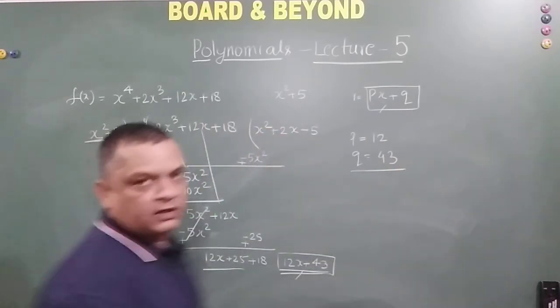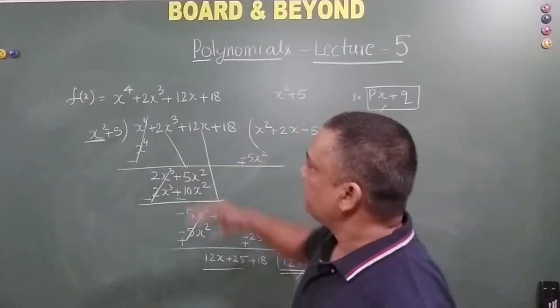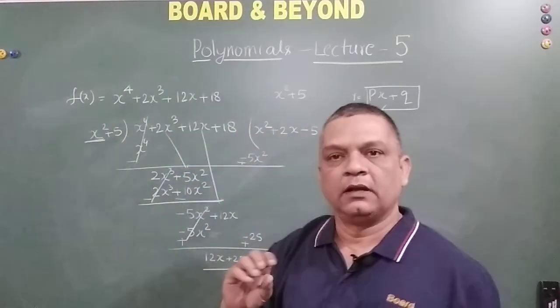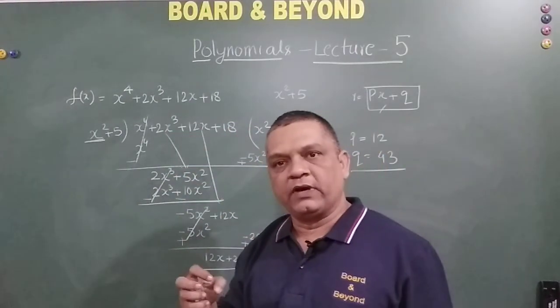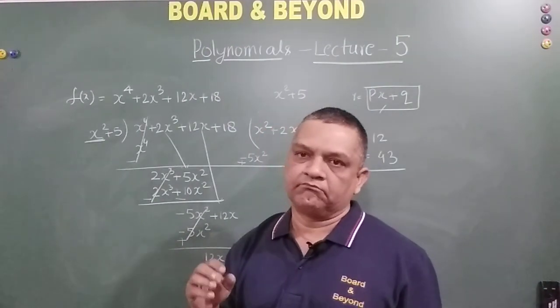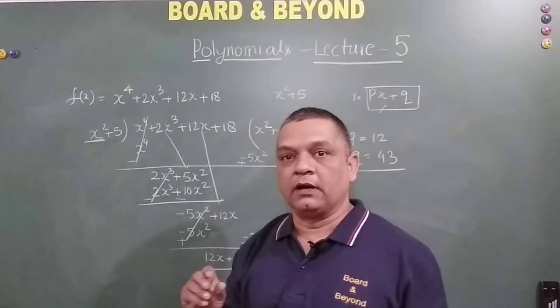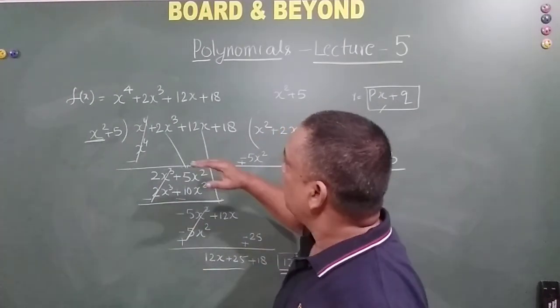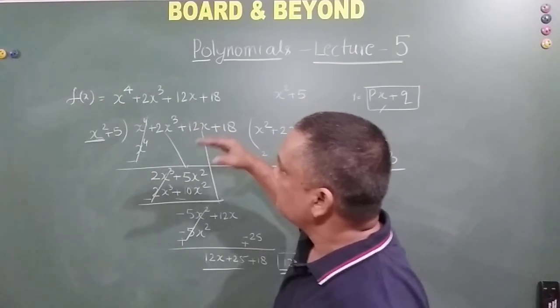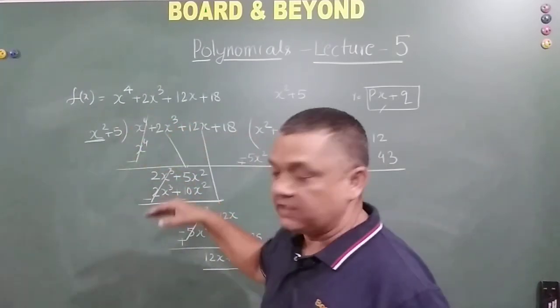Right friends? So let me just tell you, this was a little tricky problem where my friends will actually go wrong if they do not pay attention to it, because there is an x square term which has been missing here.